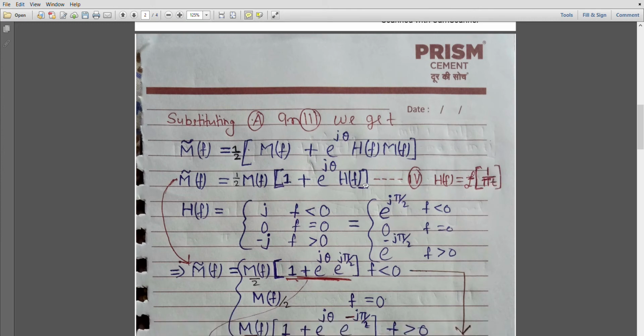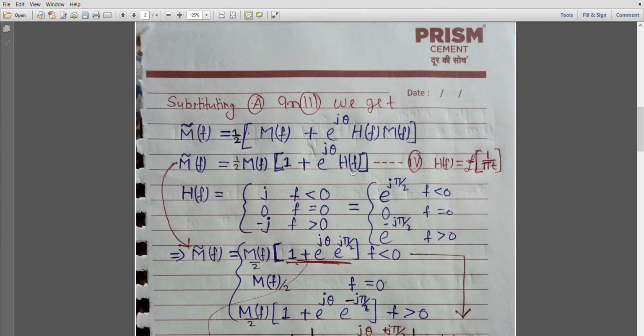Now we use something which we know: H f is equal to j for negative frequency, equal to 0 for zero frequency, and minus j for frequency greater than zero.